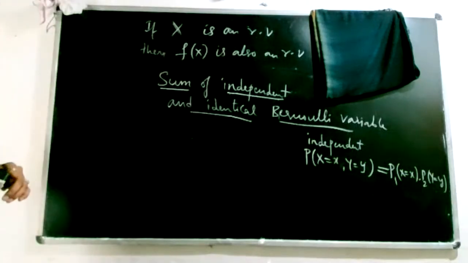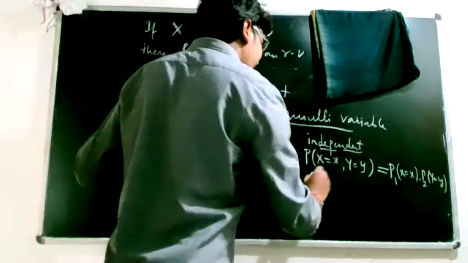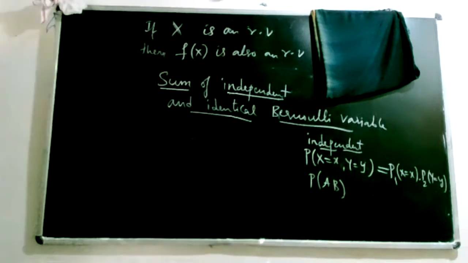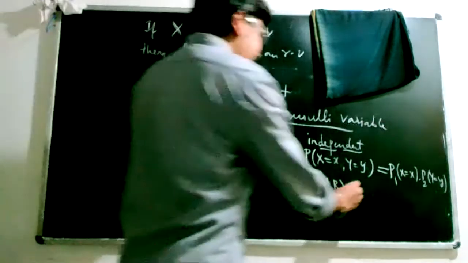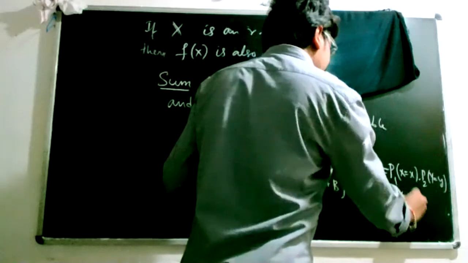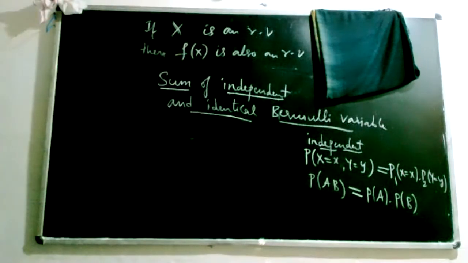When we talk in terms of trials or events, if I have two events A and B that are independent, then P of A intersection B is equal to P of A into P of B.